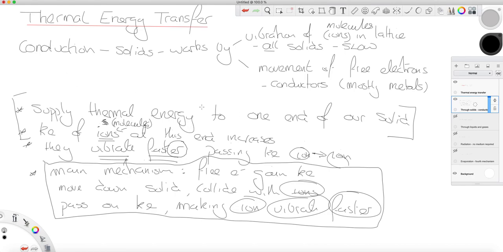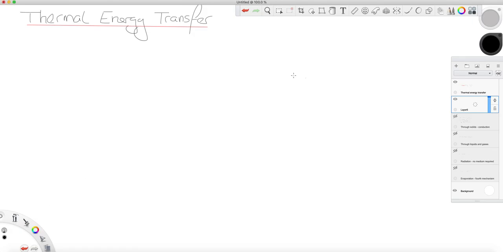So you had your molecules or your ions bonded together, touching. And what you're doing is you're making this one vibrate faster, which makes this one vibrate faster.